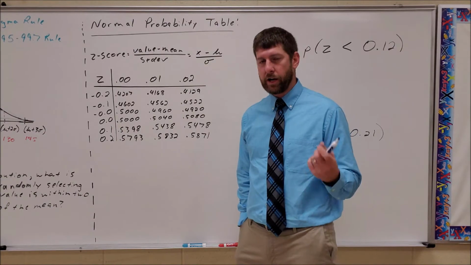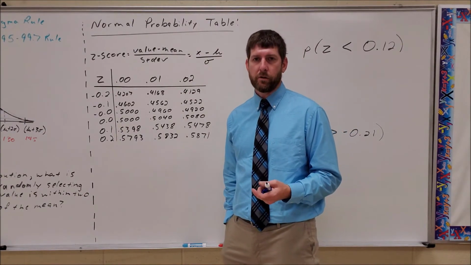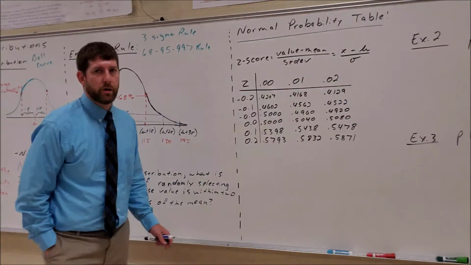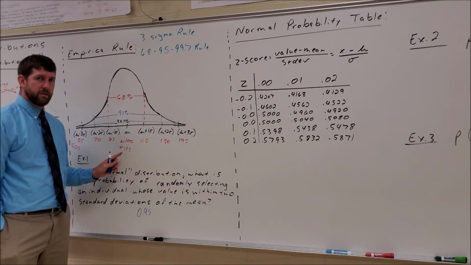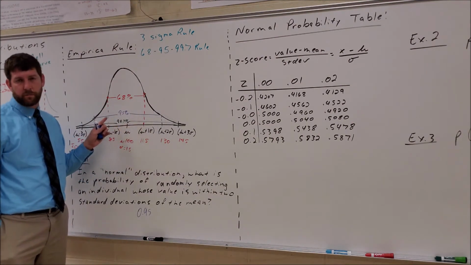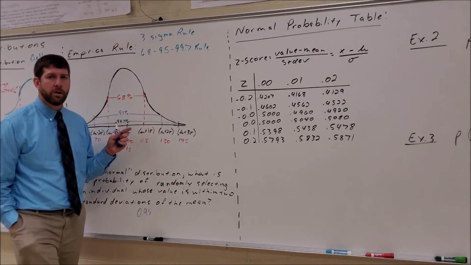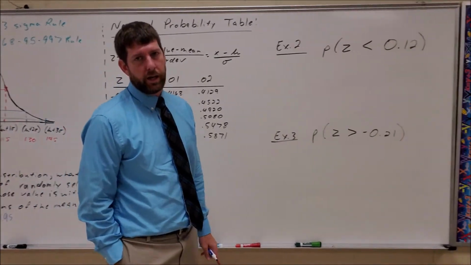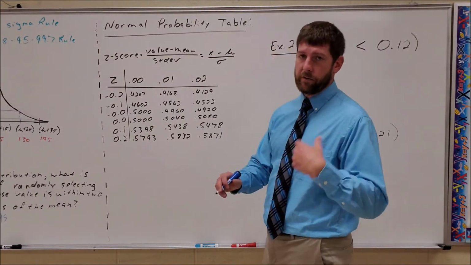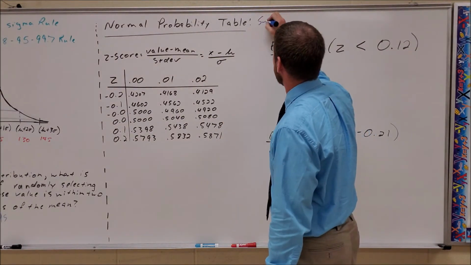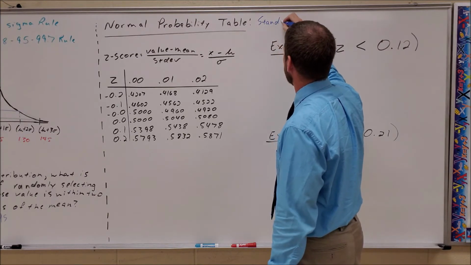Why does it matter how many standard deviations above or below the mean you are? Well, if we know the number of standard deviations above or below the mean, we know the specific proportions that are related to that. So that's why we really want to look at number of standard deviations. What we actually have on that table is a standard normal probability curve.